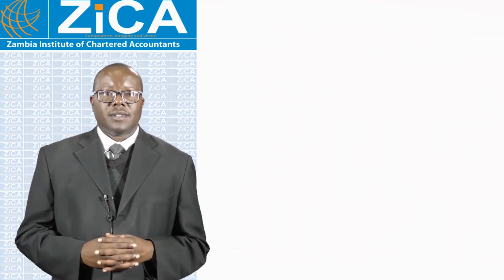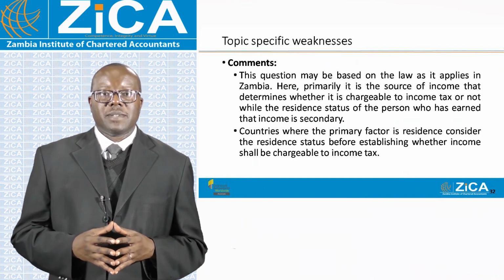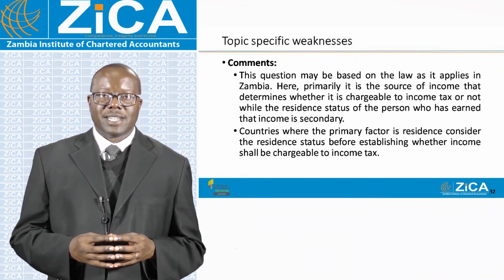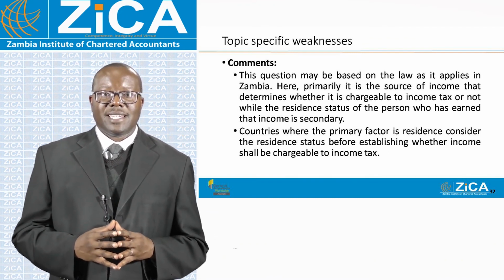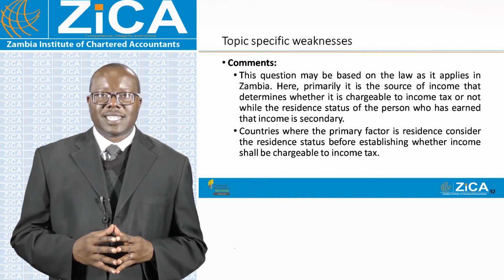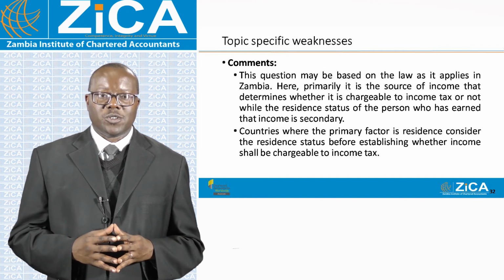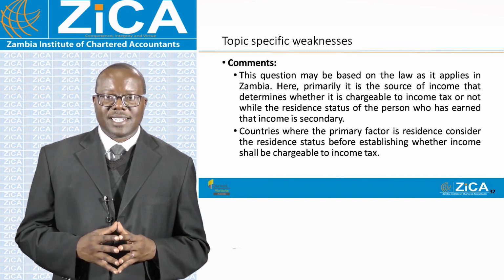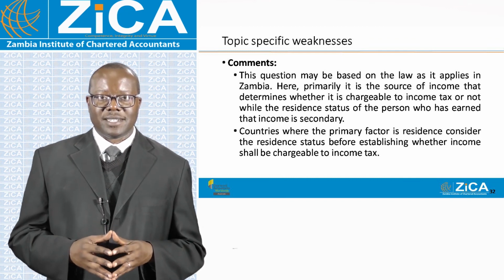This question may be based on the law as it applies in Zambia. Here, primarily, it is the source of income that determines whether it is chargeable to income tax or not, while the residence status of the person who has earned that income is secondary.